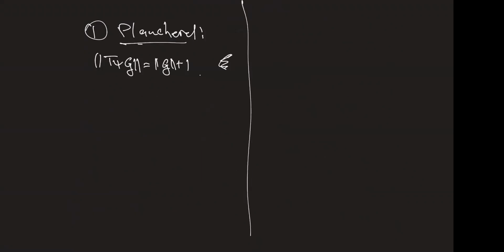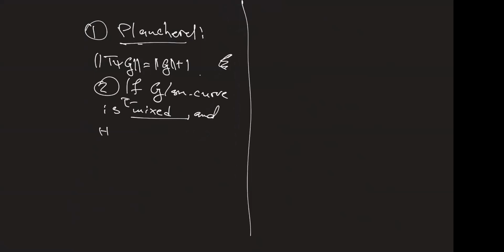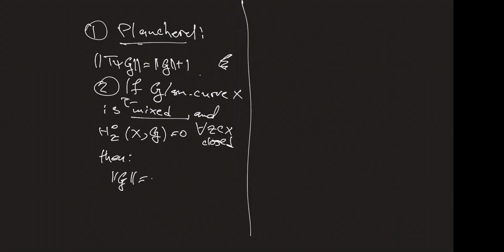It's very immediate. So the second thing, which I'm going to black box, which appeared at the end of Ariel's talk, is that if G over a smooth curve is mixed, and I fix the tau once and for all also, and has no compactly supported section, then this norm just coincides with the maximal weight.